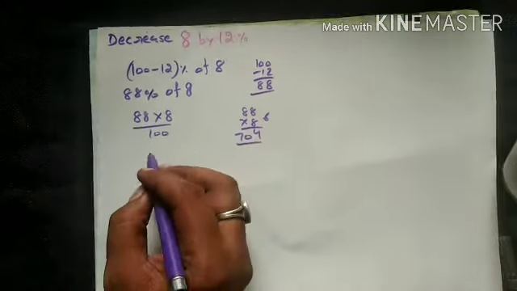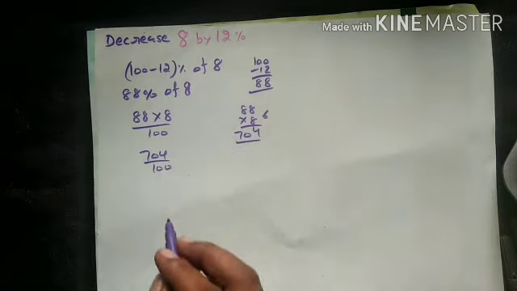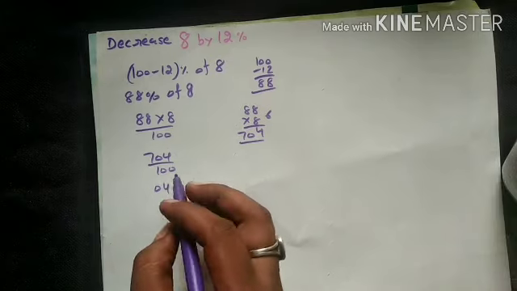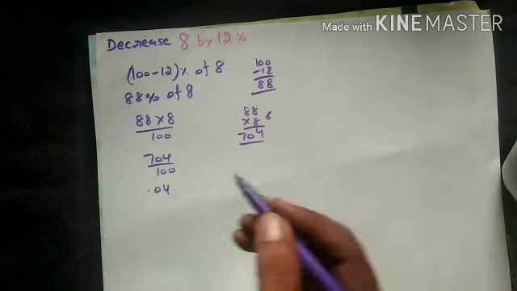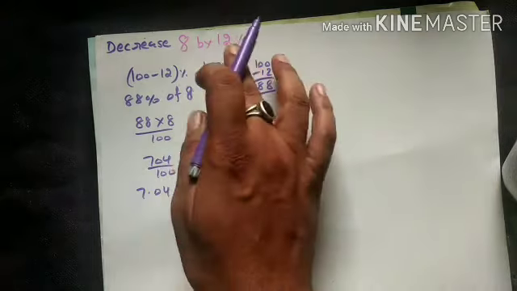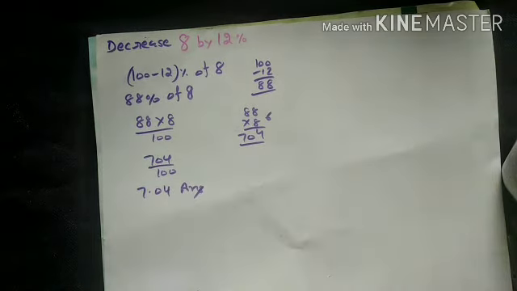So 704 over 100. Okay student, now this is a decimal fraction. So I will mark the decimal after 2 digits from the right hand. So this is 7.04. So if we decrease 8 by 12%, I got my answer 7.04.